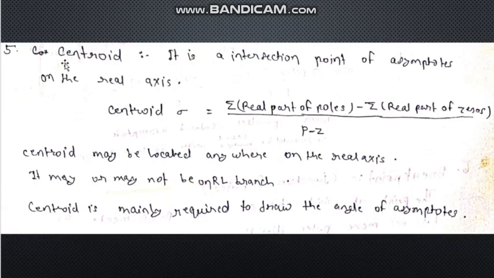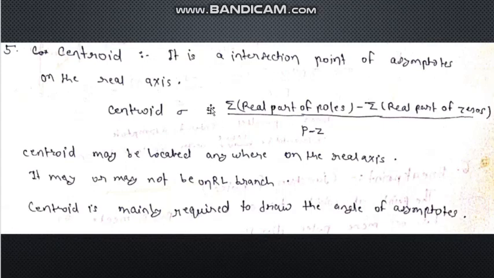So the fifth step, this is important. All steps are important, you have to remember that. The fifth step is the centroid. It is the intersection point of the asymptotes on the real axis. Because plotting asymptotes is important, if you want to plot asymptotes, you have to find the centroid also.